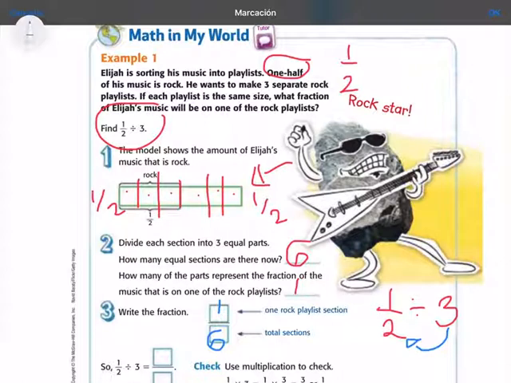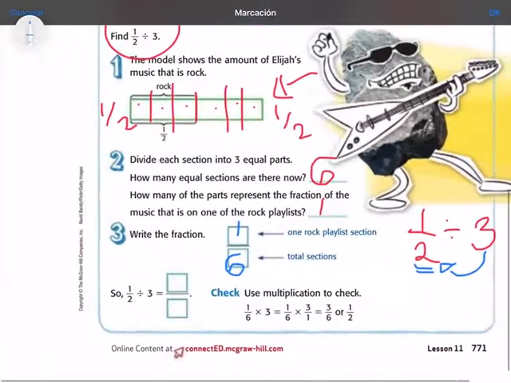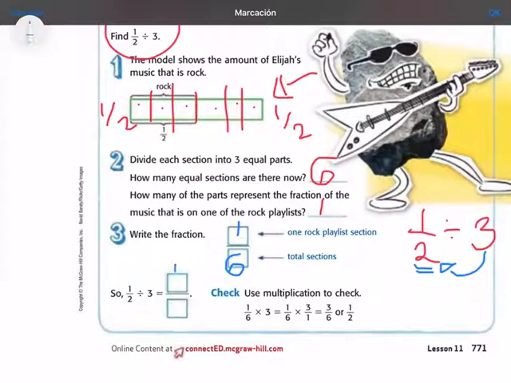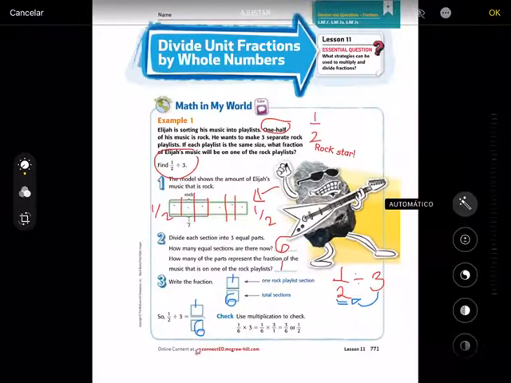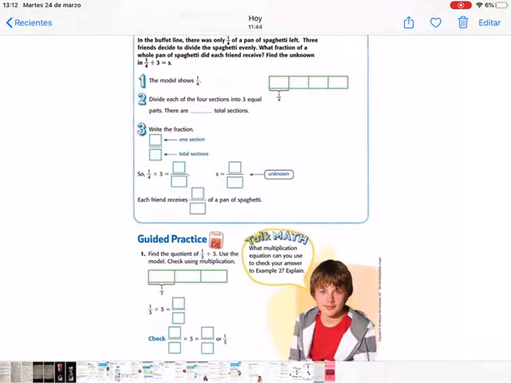So if I change the denominator, I have to put it there. So 1/2 divided by 3 is equal to 1/6. It's the same that we did, 3 times 2, only that now we are adding the denominator. That will always be 1 in this case.